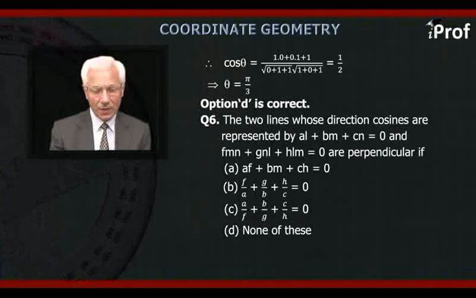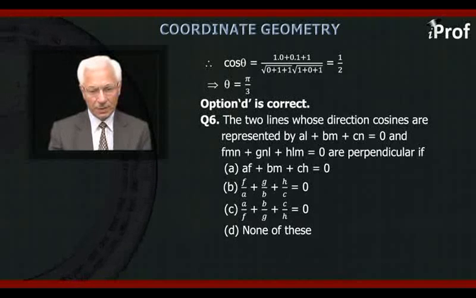So that gives 1 into 0 plus 0 into 1 plus minus 1 into minus 1, which turns out to be 1, divided by square root of 0 plus 1 plus 1 into square root of 1 plus 0 plus 1, which is equal to 1 by 2. Hence cos theta is equal to 1 by 2, that gives theta is equal to pi by 3. Hence, option D is correct.